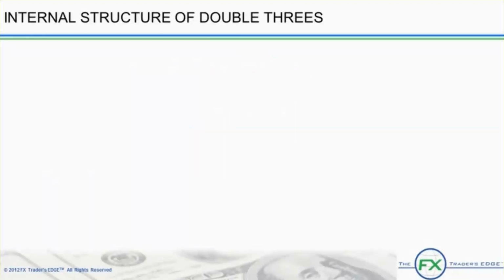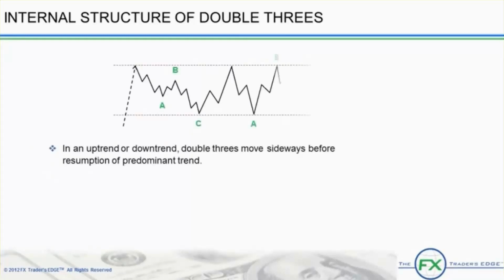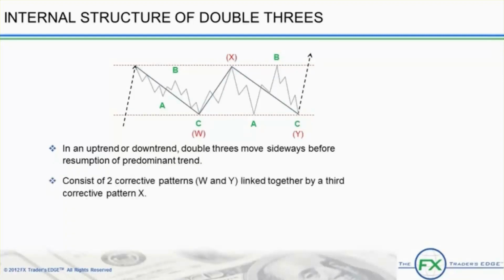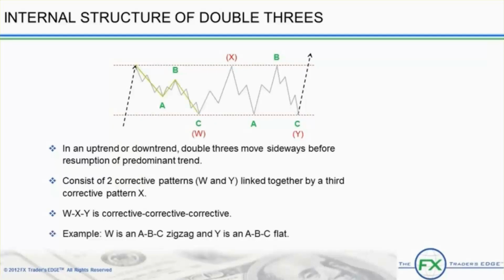The internal structure of double threes. In an uptrend or downtrend, double threes move sideways before resumption of the predominant trend. It consists of 2 corrective patterns, W and Y, linked together by a 3rd corrective pattern X. The WXY is corrective, corrective, corrective, where W unfolds in 3 waves, X unfolds in 3 waves, and Y unfolds in 3 waves.